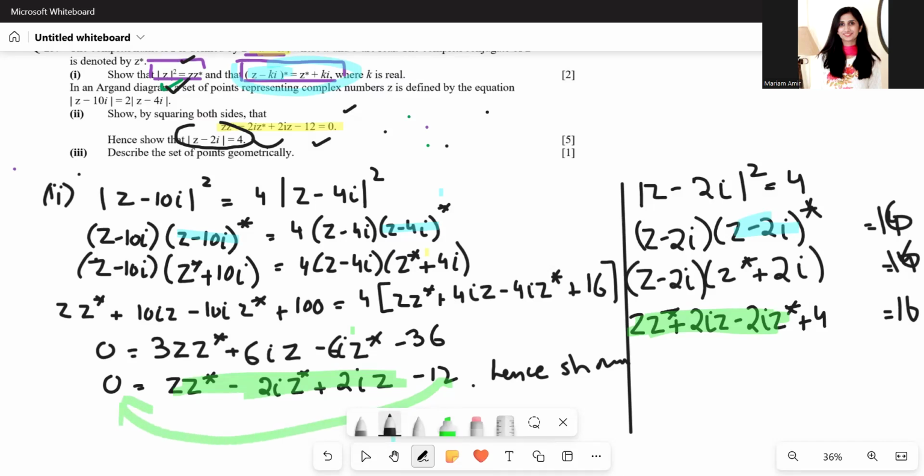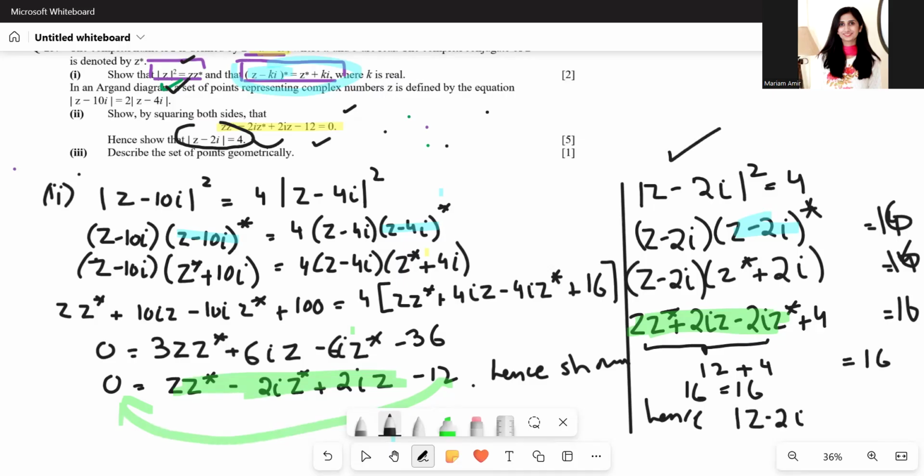So this becomes 12 plus 4 equals 16. 16 equals 16. So hence this must be true. There was a 16 here as well. Modulus of z minus 2i equals 4.